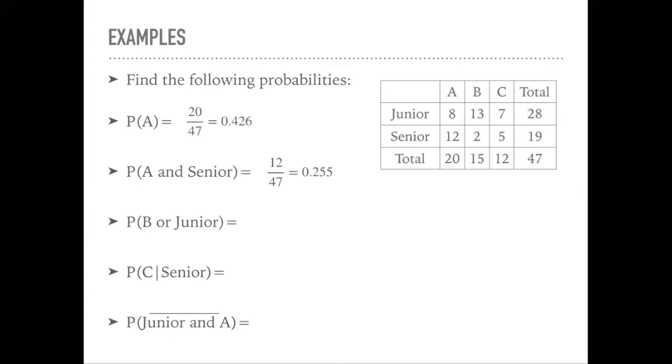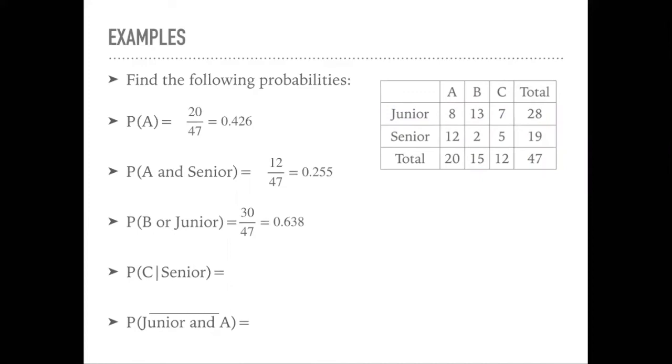One way that I like to think about it is if I circled these, I'm going to use my totals, and then I'm going to subtract off where they overlapped. And then I divide by the grand total down there. So 15 plus 28 minus 13 gives me 30 divided by 47. And again, you could also write it as a decimal.